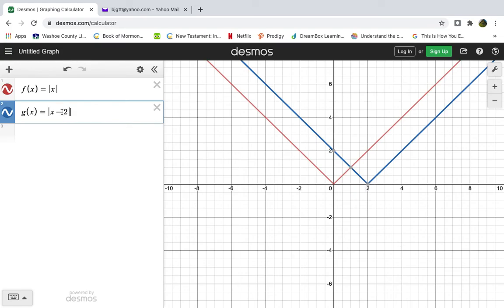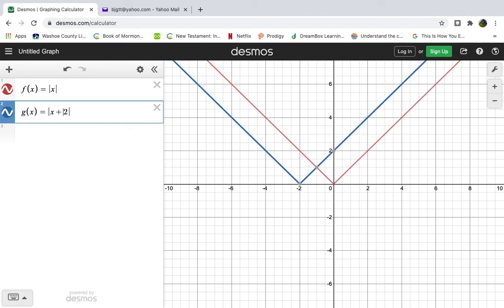If we do a plus 2, and we're looking for where it's going to meet 0, then negative 2 plus 2 would be 0. Okay, so that's why it shifts the opposite way of what you might think, is because we're looking for where the graph becomes 0 on the y-axis, and for it to cancel out, it has to be the opposite. I hope that was somewhat helpful.